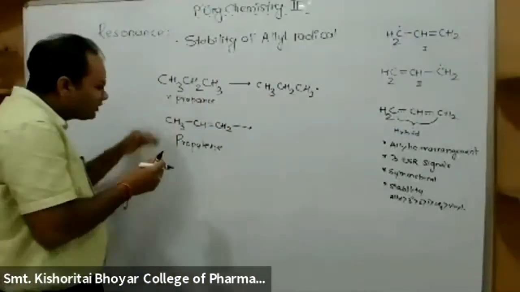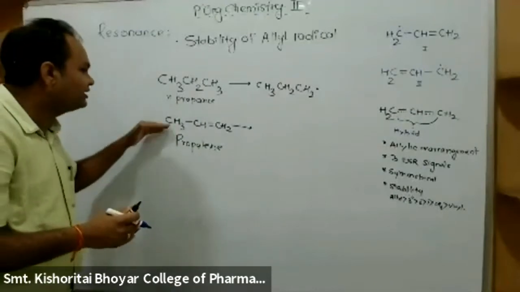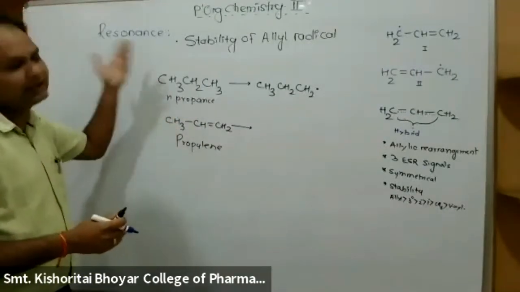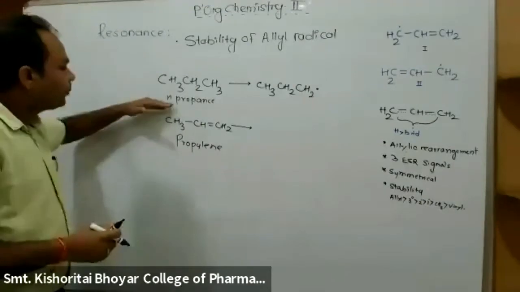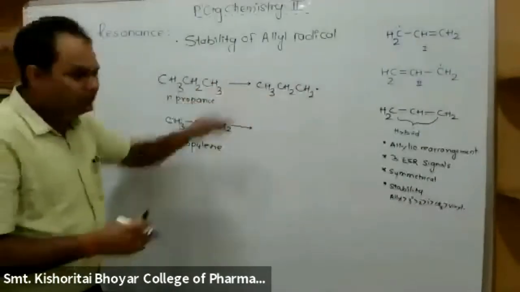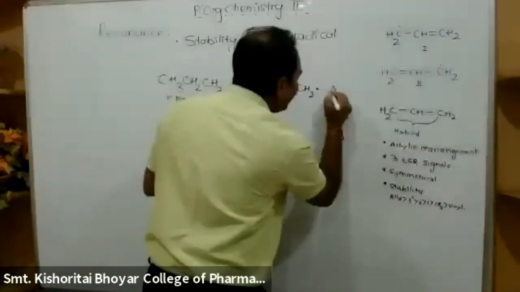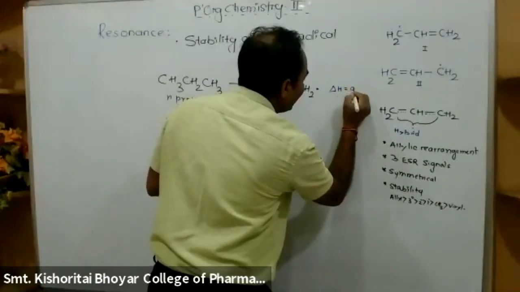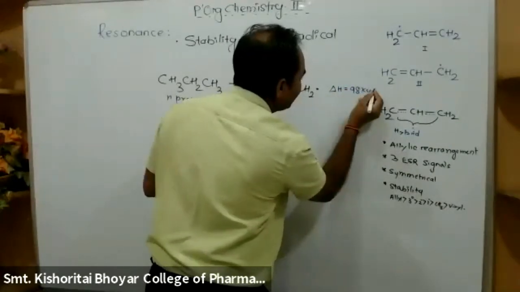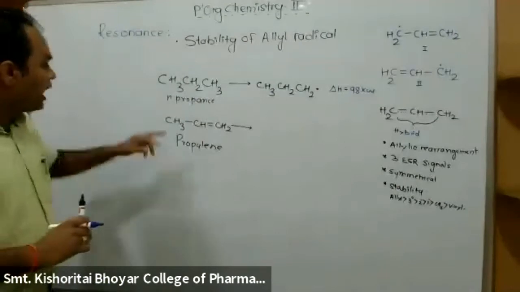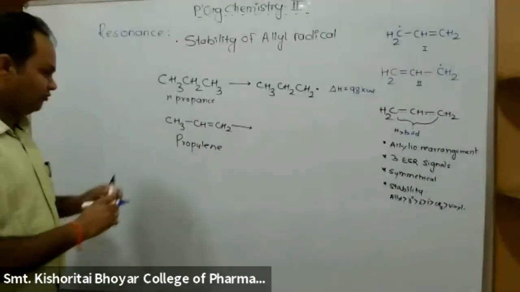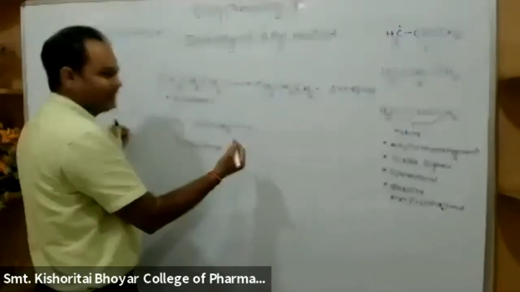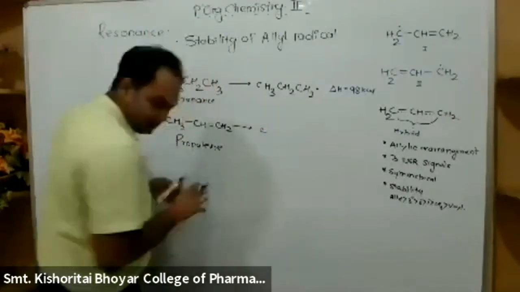I am taking this for comparison purposes because propylene and n-propane both contain 3 carbons. So propane generates a radical and it requires energy, delta H equal to 98 kilocalories. And in the case of propylene, when dissociation takes place again, you will get the radical.